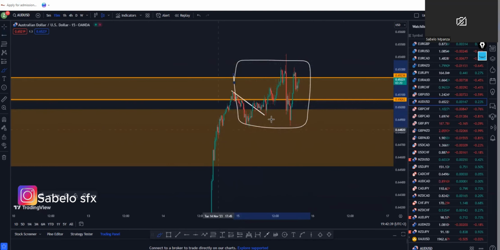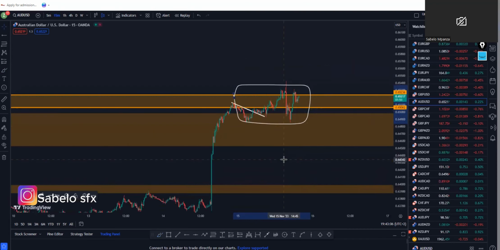This is a ranging market, simply because the market was at the major resistance. Yes, we know that AUD was bullish with +5 and USD was bearish with -7, but the market was at a take profit zone.